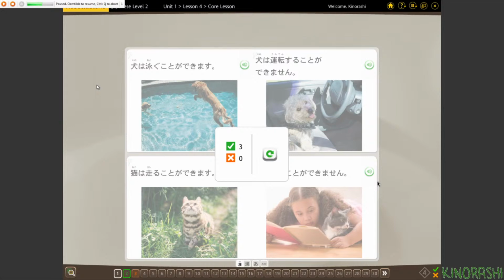So, Nihongo o hanasu koto ga dekiru. I can speak Japanese. Piano o hiku koto ga dekimasu. I play the piano.